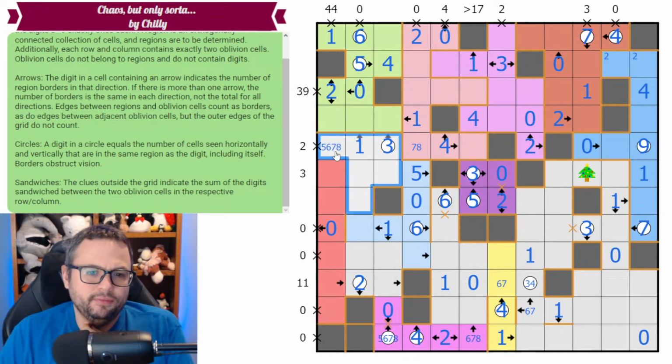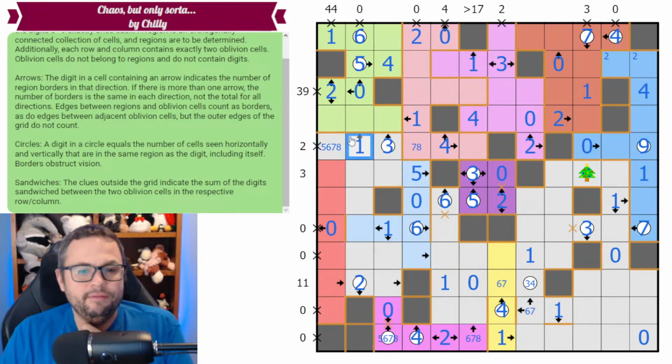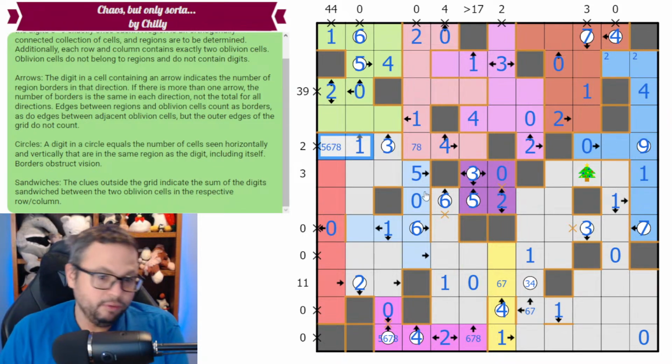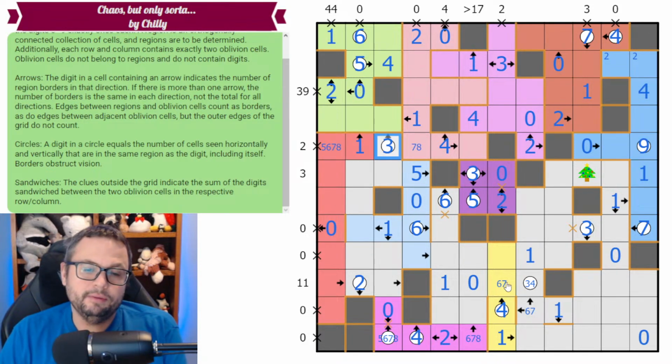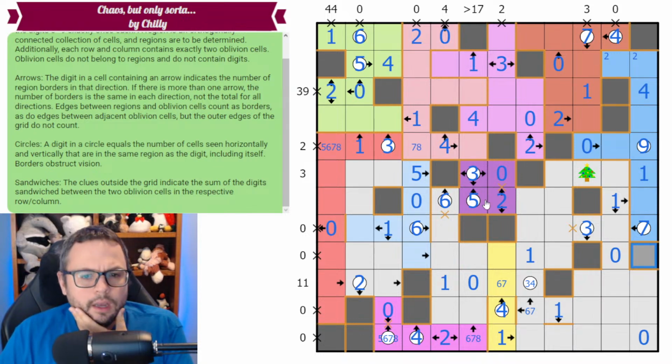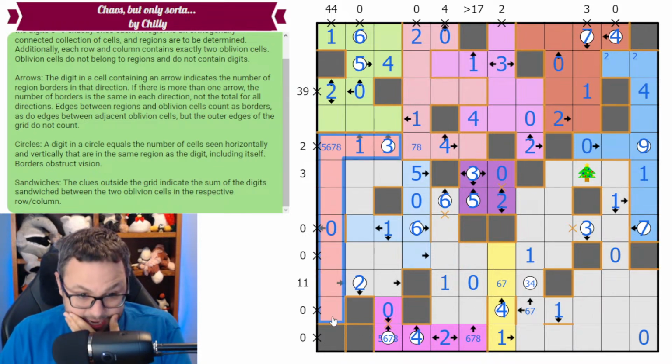Because red now is sort of isolated into these cells, and we know 2 of them are not that. So these 2 are in fact both red, which then forces this to be red because otherwise it's not going to circle, right? So 1, 2, 3, 4, 5, 6, 7, 8, 9.